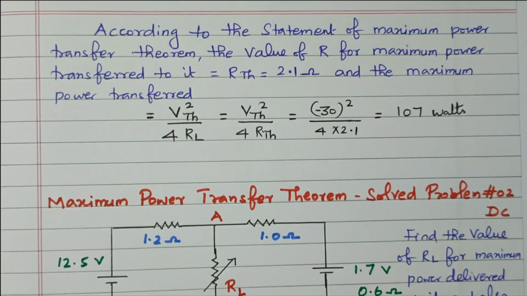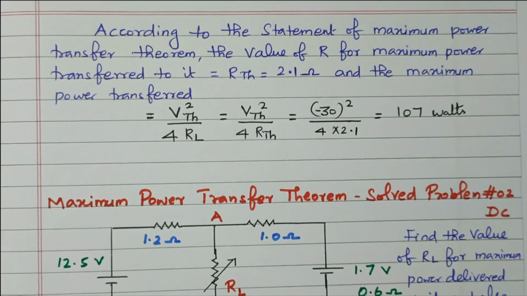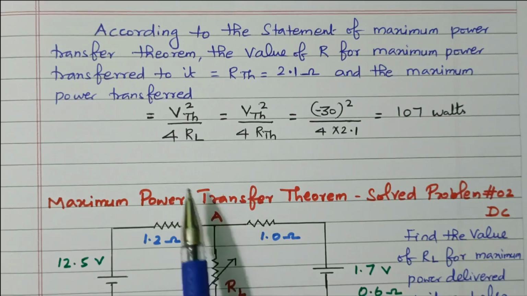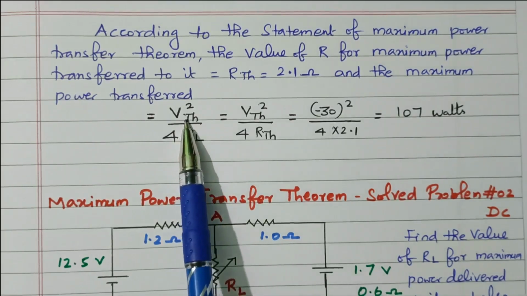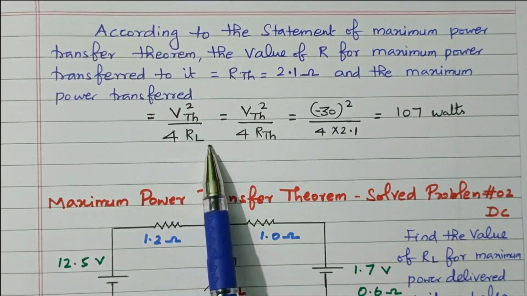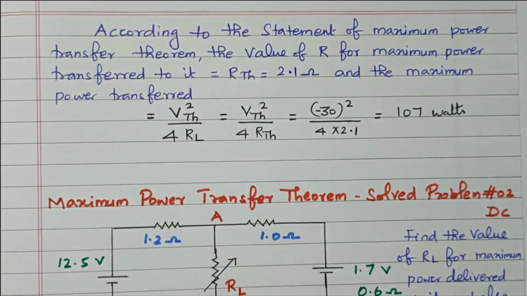We calculated the value of load resistance and maximum power delivered to the load resistance. For that we used the Thevenin equivalent circuit, V Thevenin and R Thevenin. R Thevenin is equal to load resistance based on the statement of the maximum power transfer theorem. This V Thevenin we can use for finding the maximum power delivered to the load.